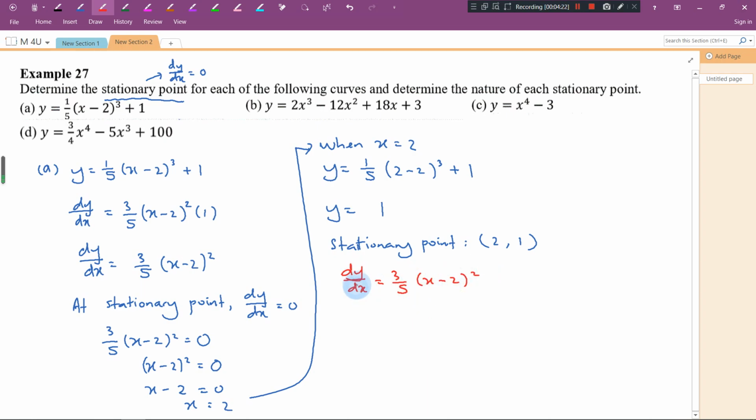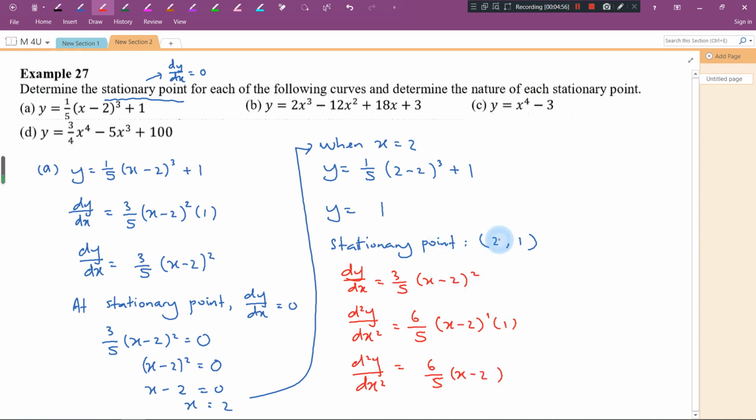We differentiate this again to get the second derivative, d2y/dx squared. The 2 comes down, times 3/5 you will get 6/5, and (x - 2) with power 2 minus 1 is 1. Differentiate inside you will get 1. So d2y/dx squared is equal to 6/5 times (x - 2).